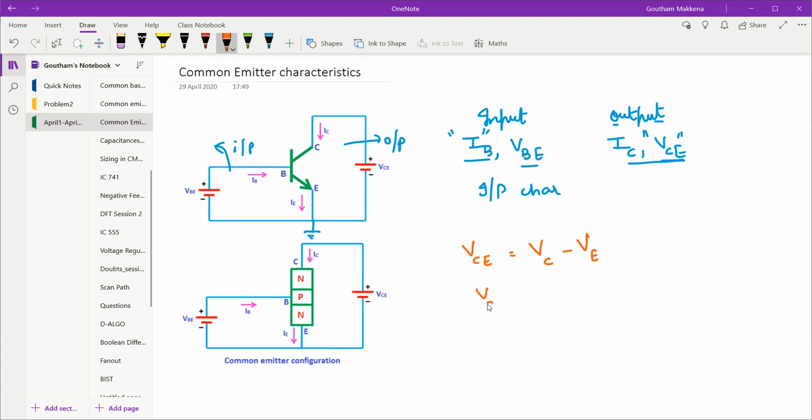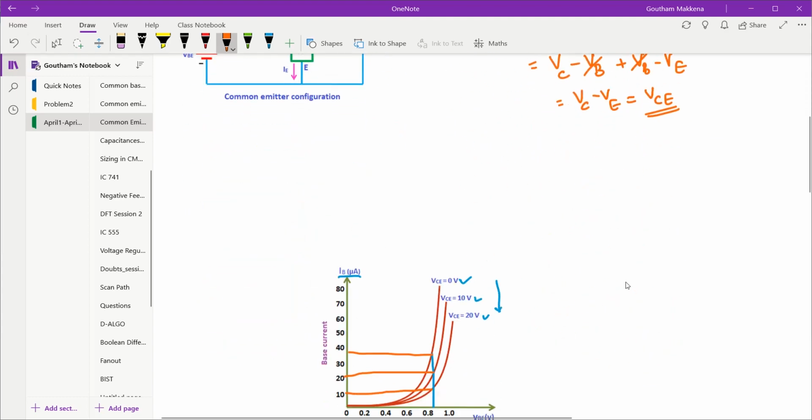But VCE can also be written as VCB plus VBE. This is just algebra. This is VC minus VB plus VB minus VE, which is VC minus VE, which is VCE. So there is no harm in writing VCE as a sum of VCB and VBE.